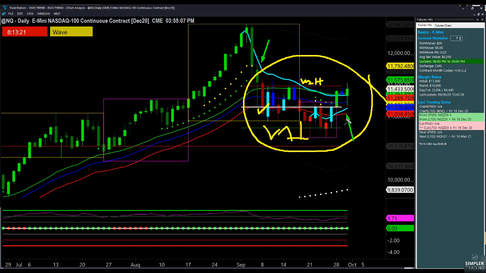Having opened above both of them, I have a much more bullish directional bias, and I'll only be open to long positions. So think about using the daily time frame volume profile, meaning value area high, point of control, value area low, and anchored volume weighted average prices to get your directional bias before the bell even rings.